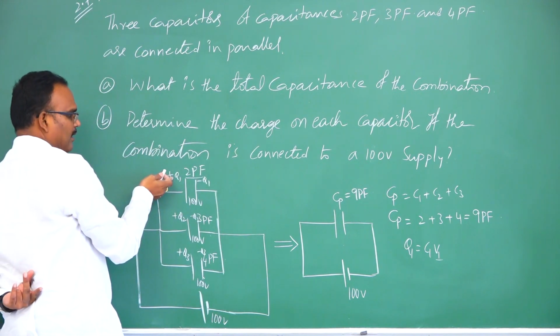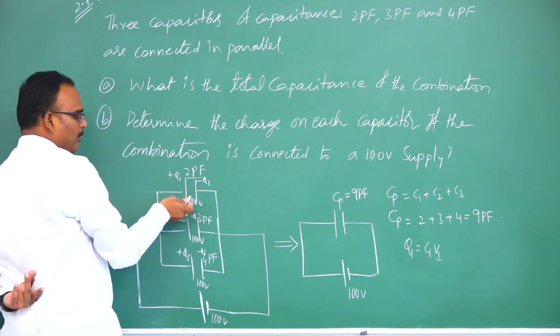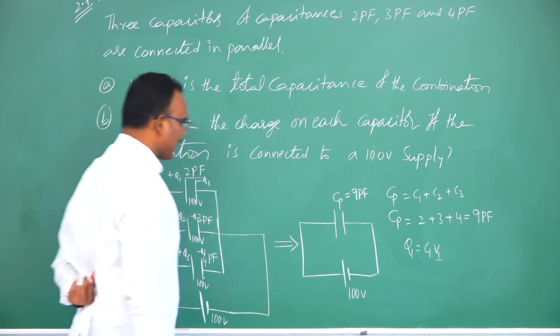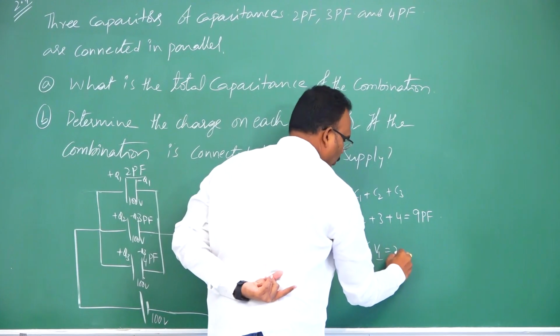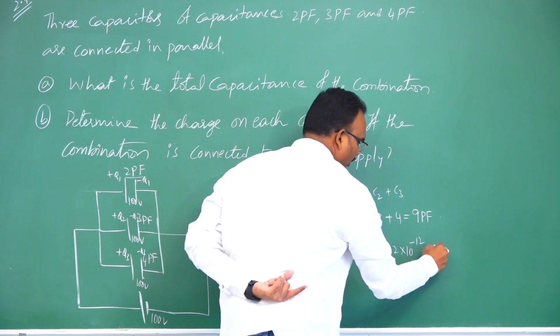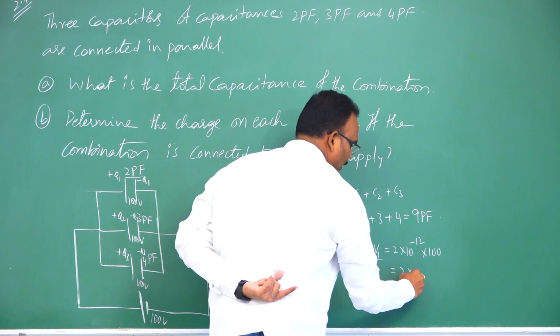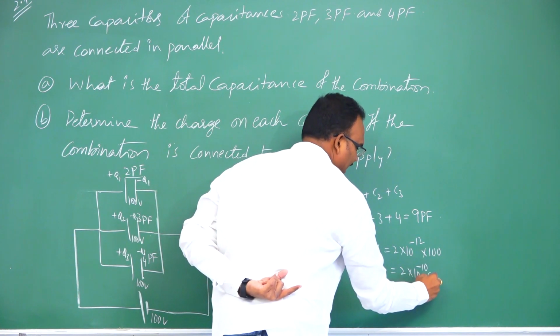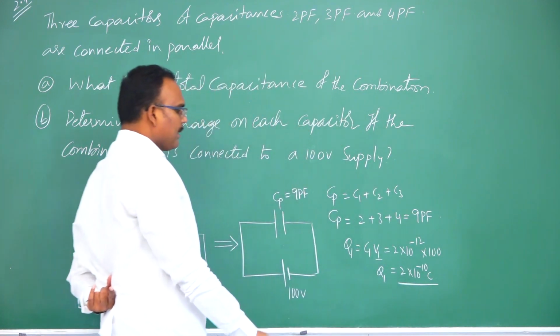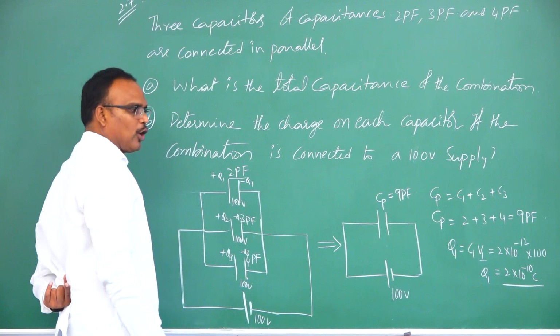Charge means product of capacitance and potential drop, CV. Both I know. So I will substitute and I will calculate. So that is 2 pico means 2 into 10 to the power of minus 12 into 100. That means this is 2 into 10 to the power of minus 10 coulomb. So this is Q1. Similarly, you calculate Q2 and Q3.